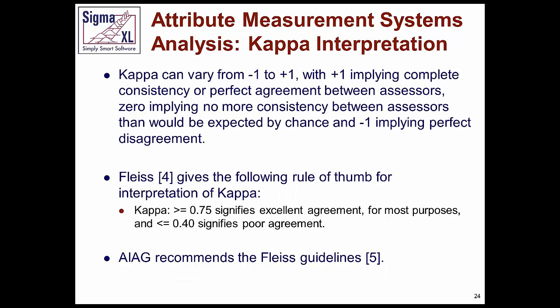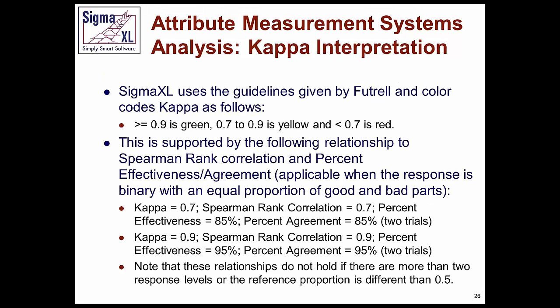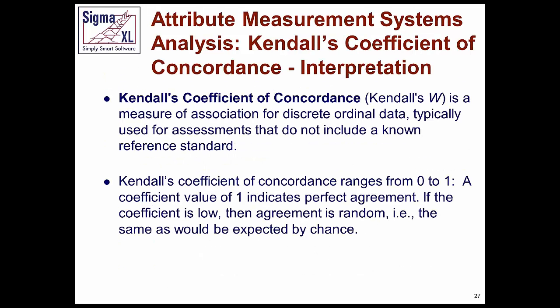We've added the highlights, and I'm just going to skip over these slides, just a little bit of background, how we chose our numbers. Basically, less than 0.7 is considered poor. Between 0.7 and 0.9 is acceptable, yellow. Above 0.9 is very good, green. And then for ordinal, we have the Kendall correlations, and there's two kinds.